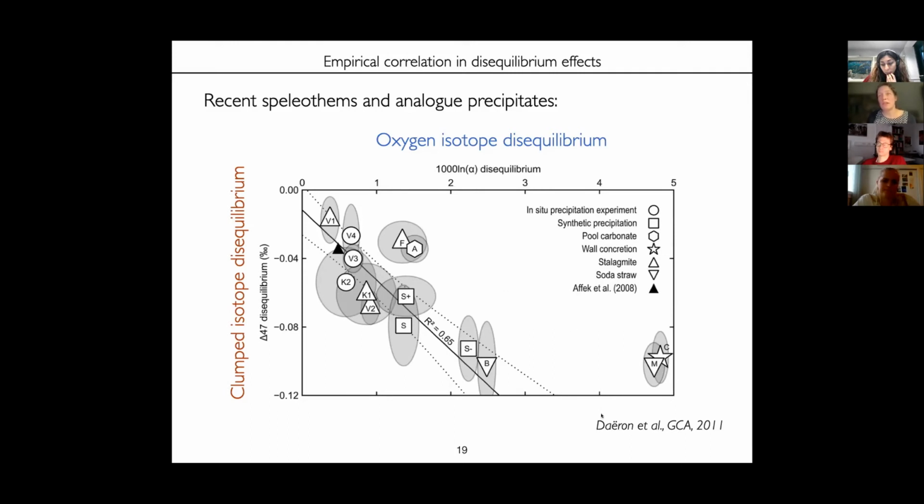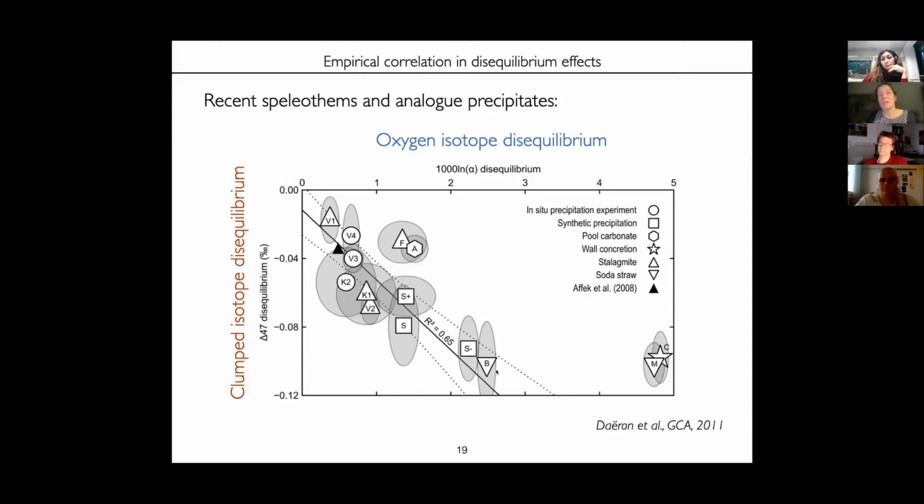So this is a study by Mathieu and Dalleron, where they worked on all sorts of modern speleothem materials, different types of speleothems, and they found that the different types are differently offset. So they have different disequilibrium extent offset from zero, basically. So that in the zero corner, you would be with your known temperature, your expected clumped and oxygen isotope signals.